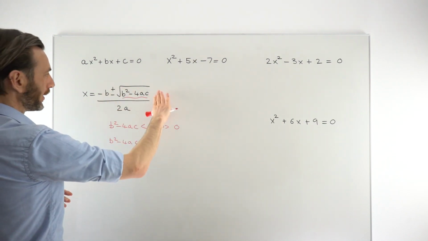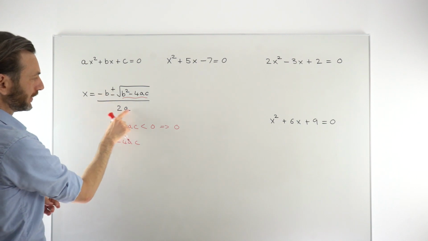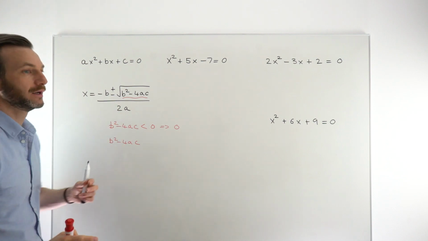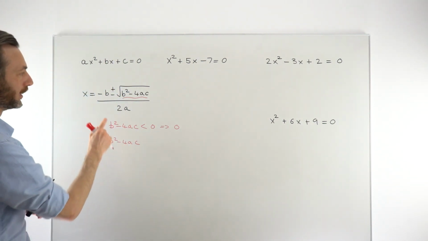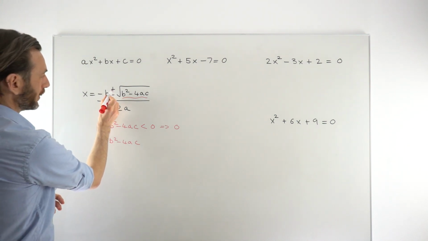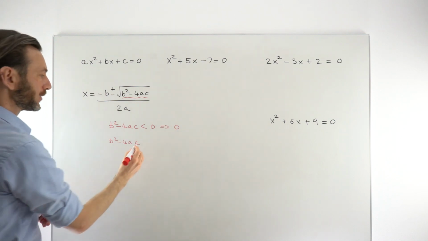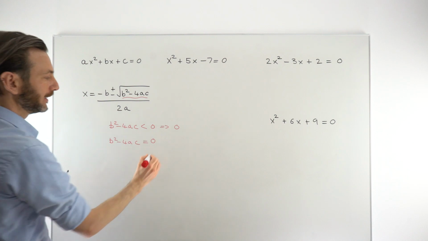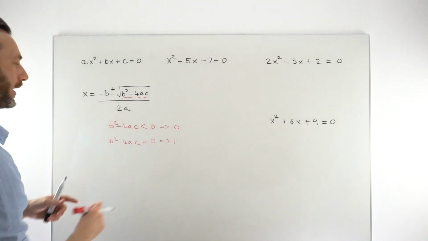Effectively all of that would disappear in that scenario and you would just be left with minus b divided by 2a. If you've got minus b divided by 2a, then you're only getting 1 solution, because remember with the quadratic formula, the 2 solutions come from using the plus for one of them and the minus for the other one. So if the b squared minus 4ac comes out to be 0 exactly, then that implies we're going to get 1 solution for the quadratic equation.